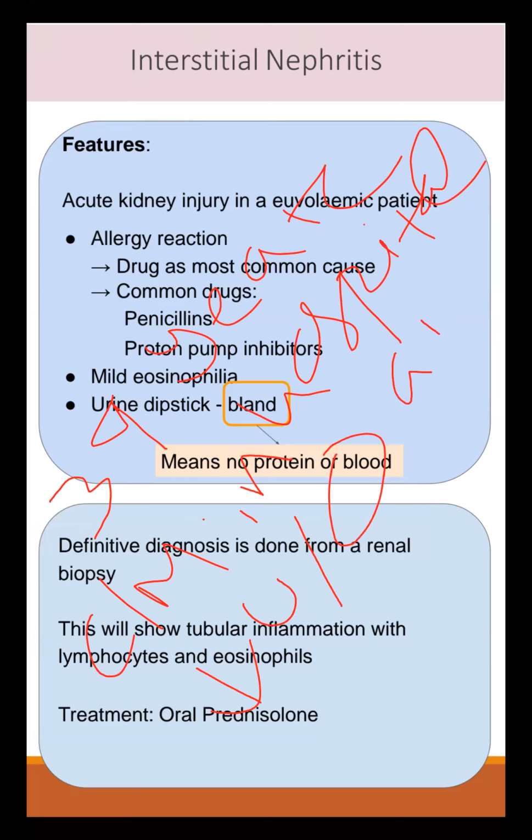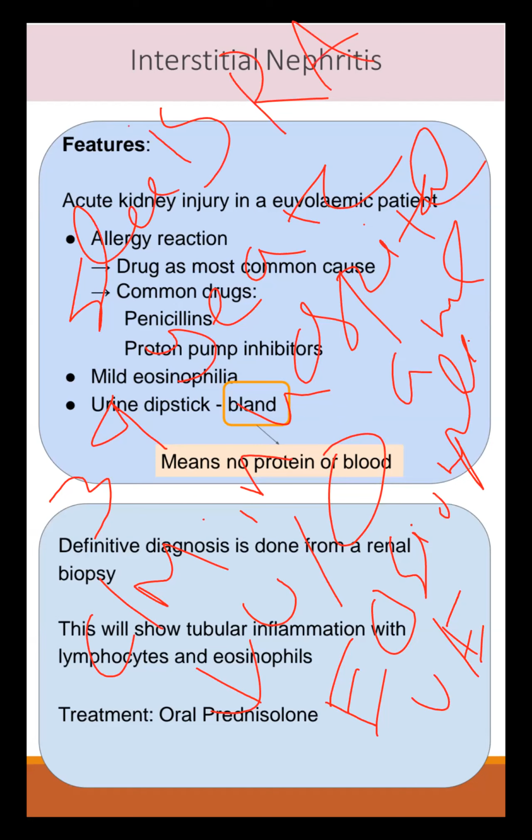She is a known case of RA and taking methotrexate. But right now, for a few days, she is taking more NSAID drugs. What is your diagnosis and how will you manage?